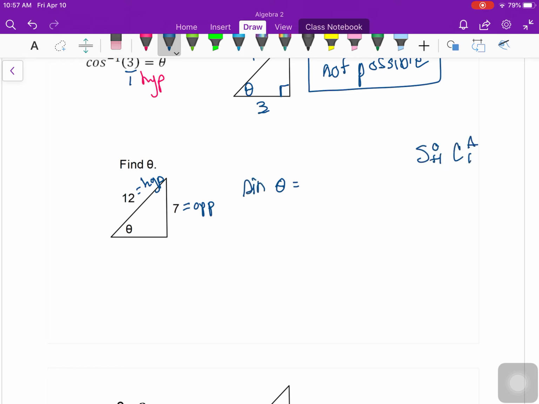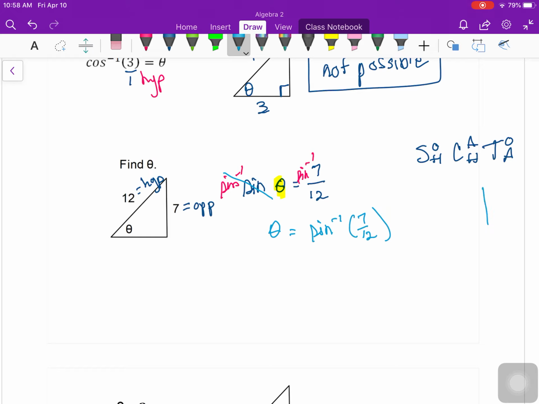So, SOH CAH TOA. Opposite is 7, hypotenuse is 12. I am looking for theta, which is the angle, so to find the angle, I'm going to have to do the inverse. So inverse sine on both sides. That should reduce this out, and I get theta equals sine inverse of 7/12.